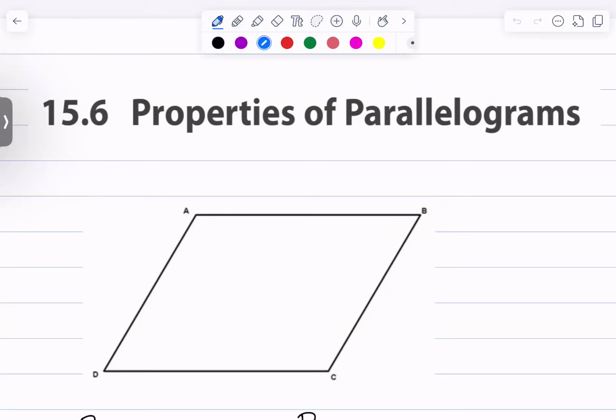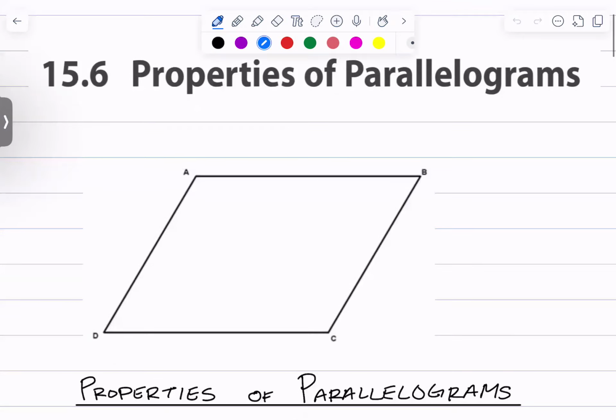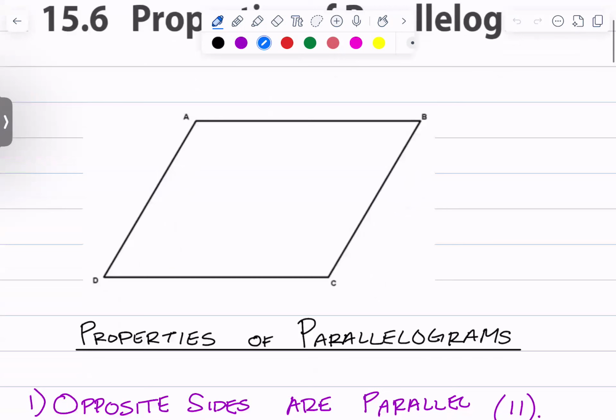So we know how a parallelogram looks, right? It's a quadrilateral, four sides. And here are the properties. The first property is that opposite sides are parallel. So remember how to draw on the picture itself how it's parallel, these little arrow marks, right?